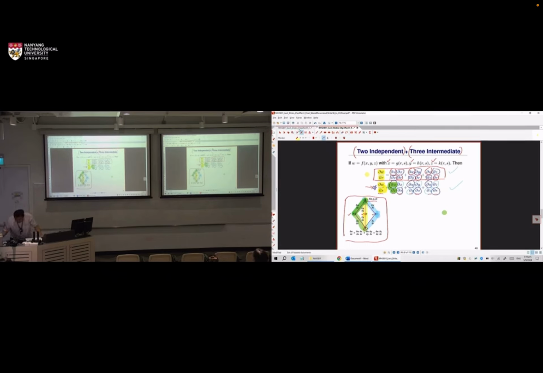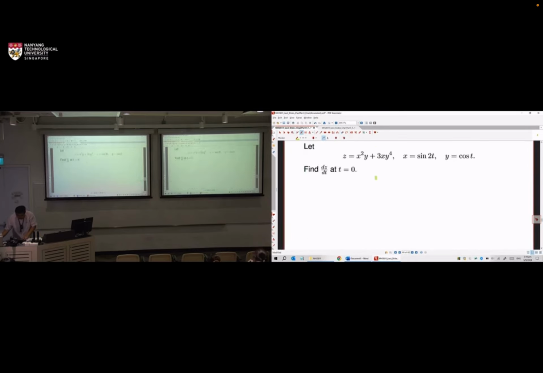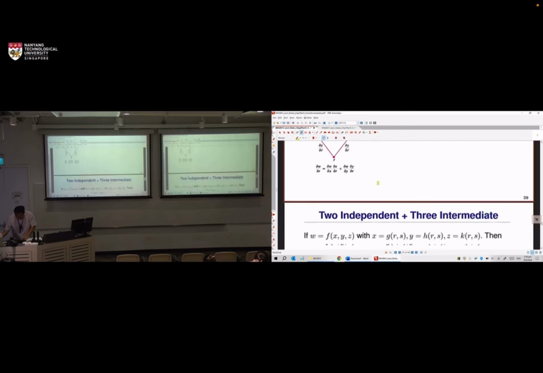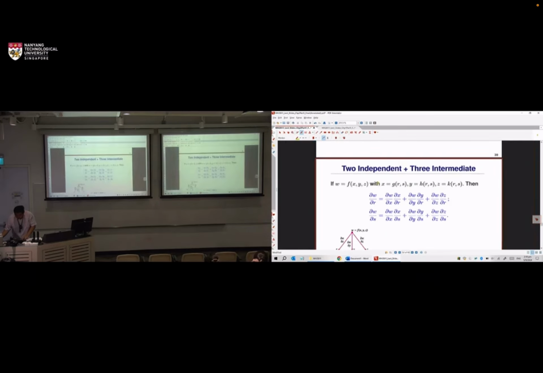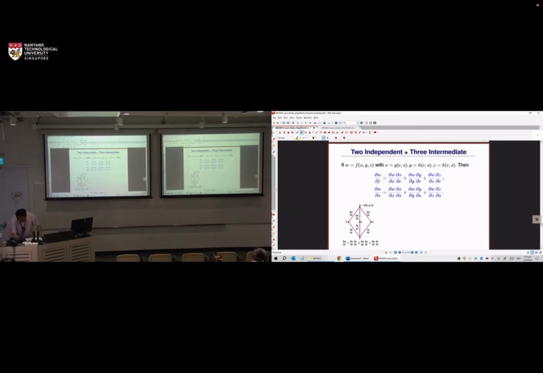So maybe I use the clean slide here in case you all cannot see. Because it's 2 independent, there's supposed to be 2 graphs, and there will be 2 sets of answers that you need to give me. So let's go through one diagram first.